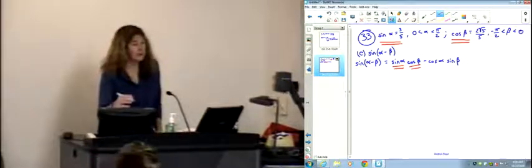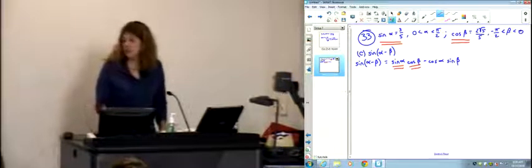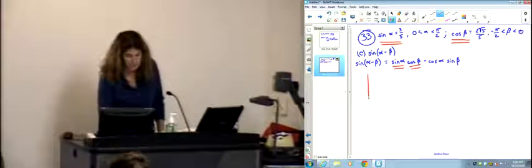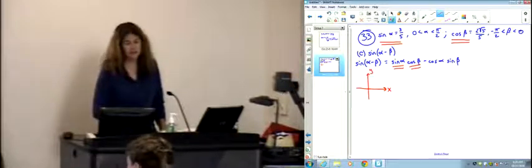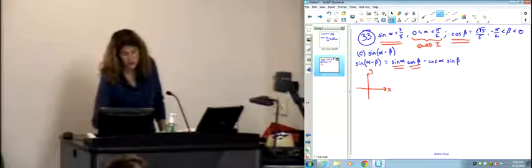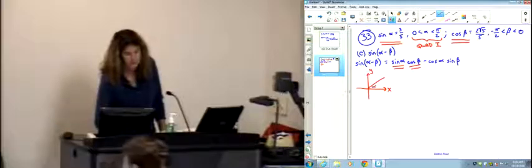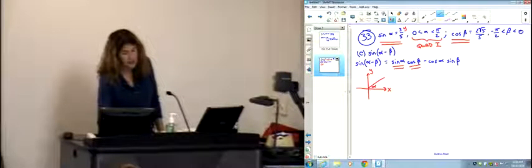All right, this is why we're going to draw pictures so we can look at the angles, look at what we have, and figure out the rest of it. So let's draw something about alpha. Which quadrant is alpha located in? First. Yeah, first quadrant. This tells us right here we're in quadrant 1. So alpha's over here in quadrant 1, and the sine of alpha, we know that's y over r.